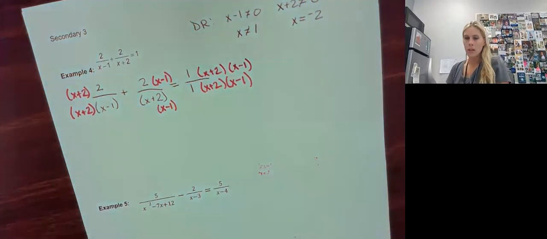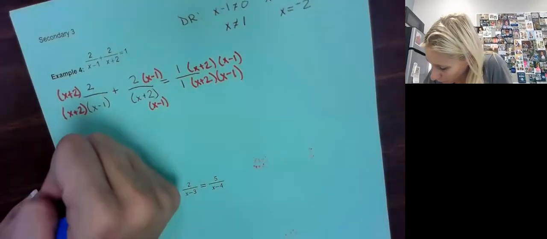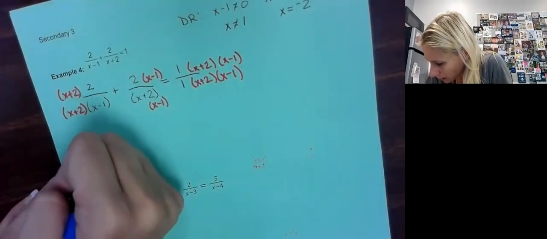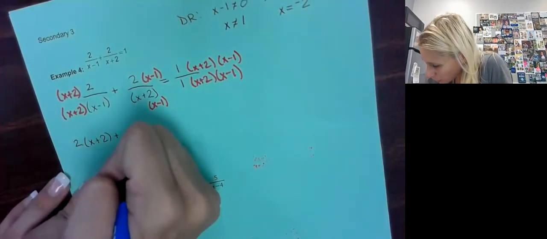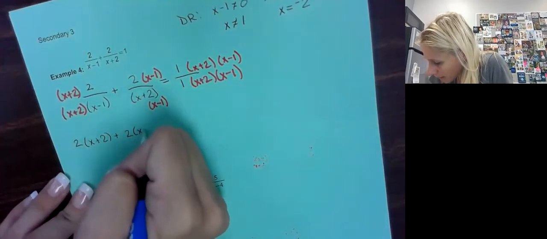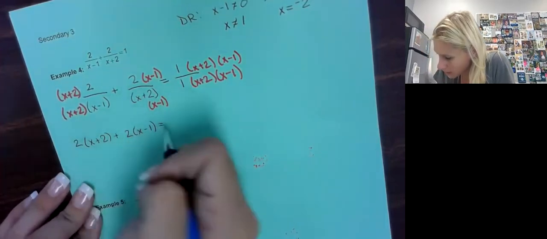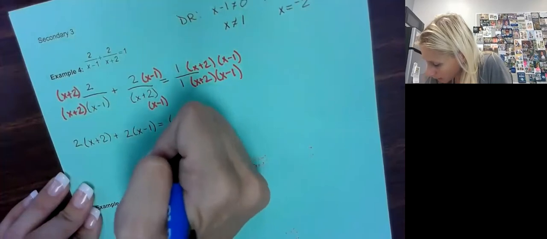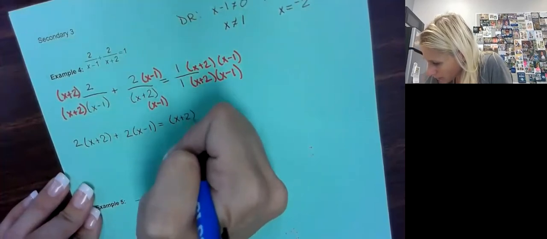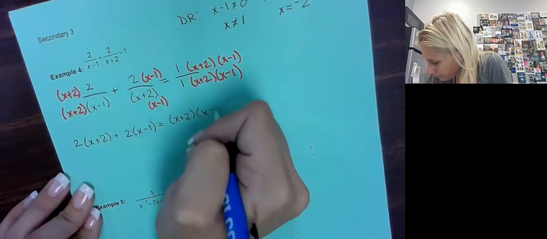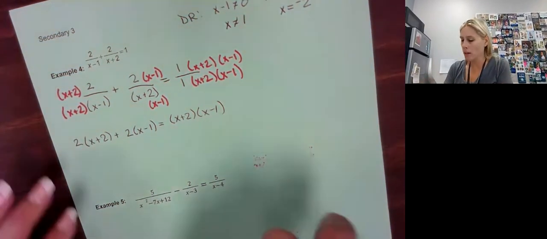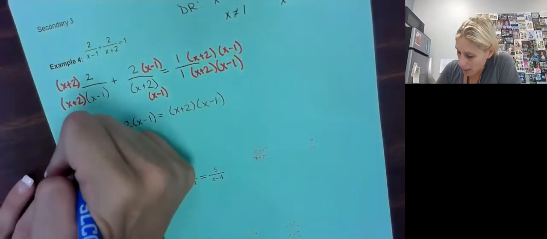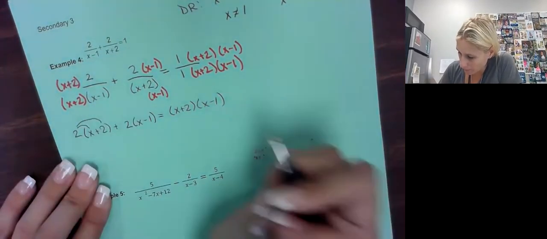All right, do they look like each other now? Perfect. So let me focus on that numerator, 2 times x plus 2 plus 2 times x minus 1 equals x plus 2 times x minus 1. Take a moment. My next step here, I'm going to distribute that out, right?